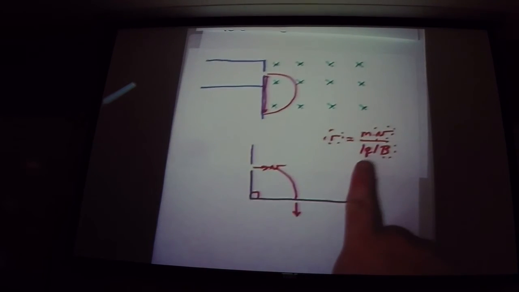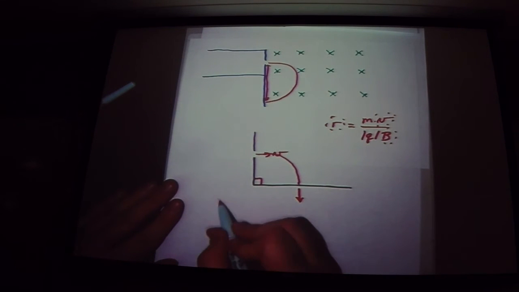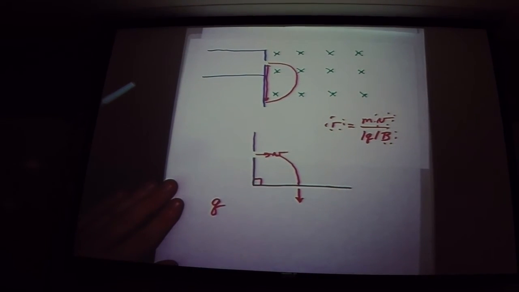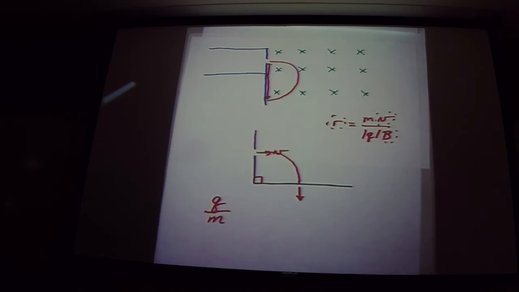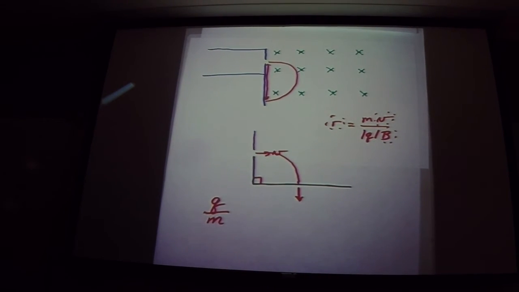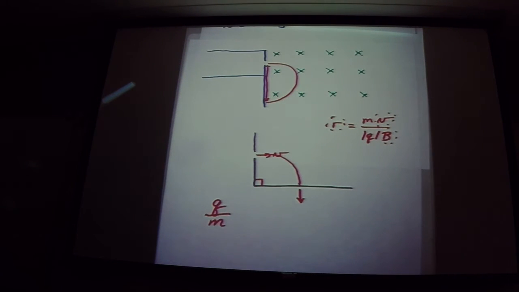So what this actually gives me is a ratio of the charge of the particle divided by its mass. The charge of a particle divided by its mass. That's what this will give me. If I know the charge, then I can calculate the mass. So if we know what the charge is, I can then calculate the mass of that particle.